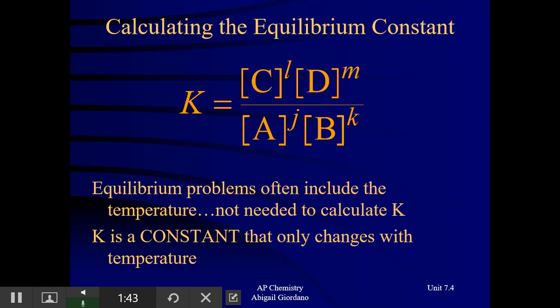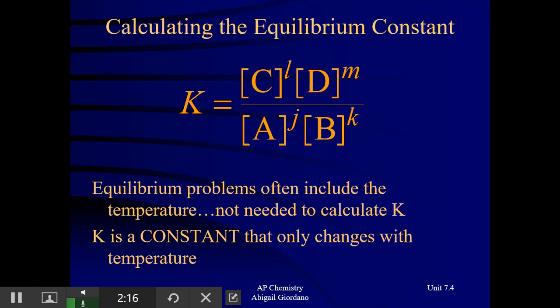So that K, that equilibrium constant, it's a constant, meaning it doesn't change, okay? No matter what you do to those concentrations of the reactants or the products, eventually when the reaction settles down and reaches equilibrium, the value for K will always be the same, as long as the temperature remains the same. This is a really important concept.